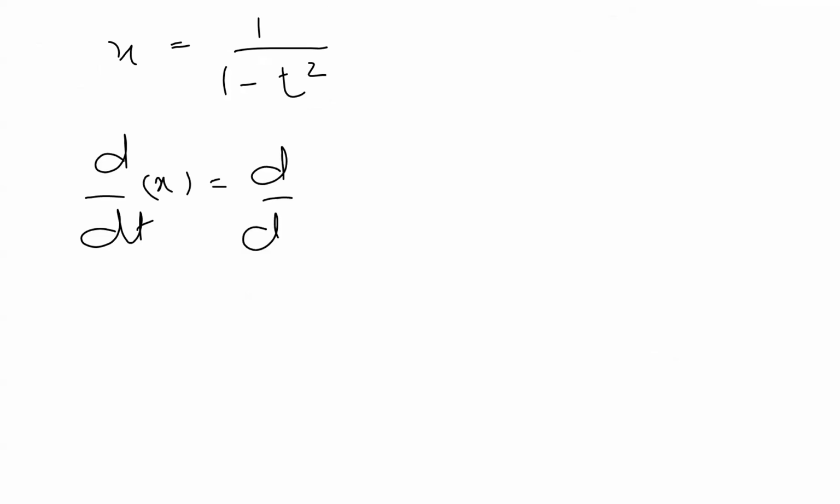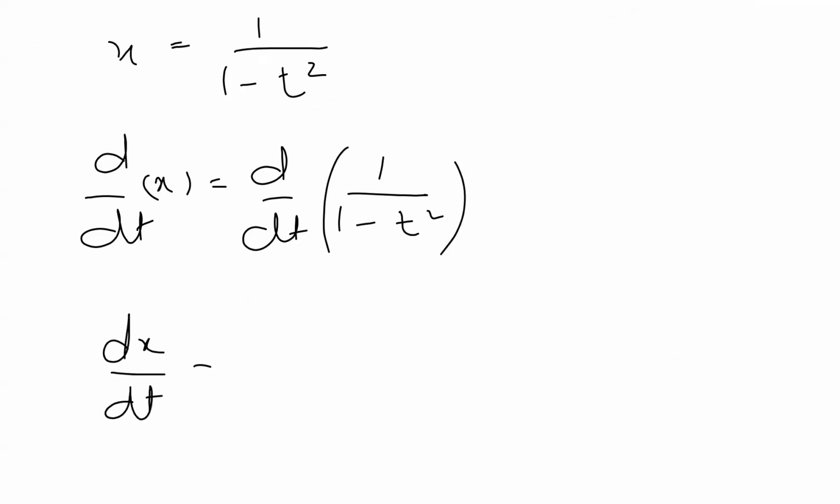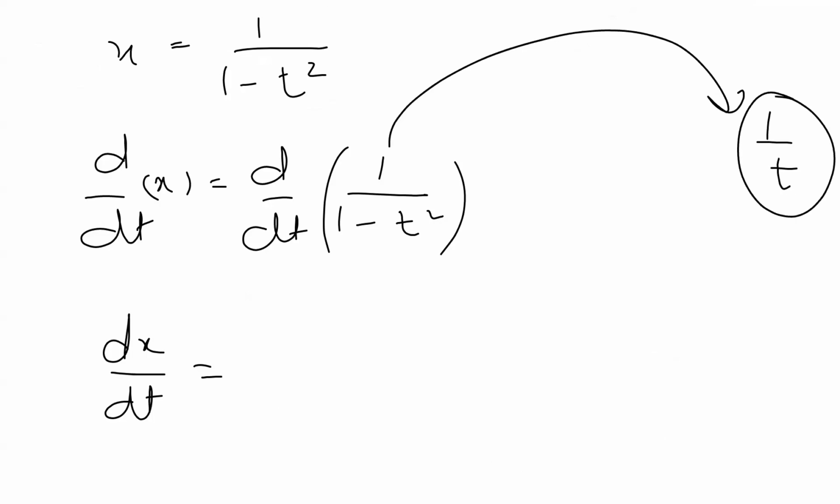Now x is equal to 1 upon 1 minus t square. dx by dt. Compare this with the 1 upon t formula. The derivative of 1 upon t will be minus 1 upon t square. So if you're comparing with 1 upon t, who is t over here? t is 1 minus t square.